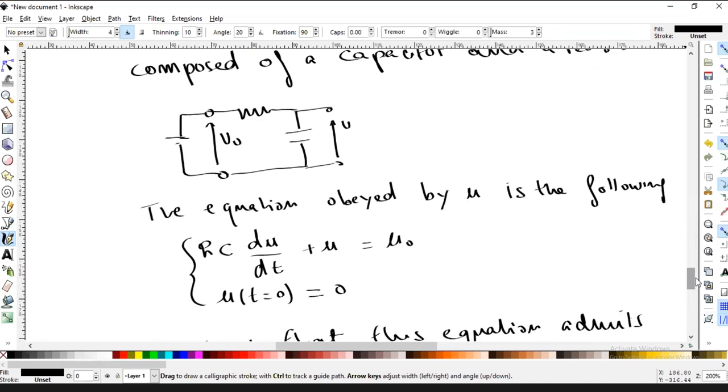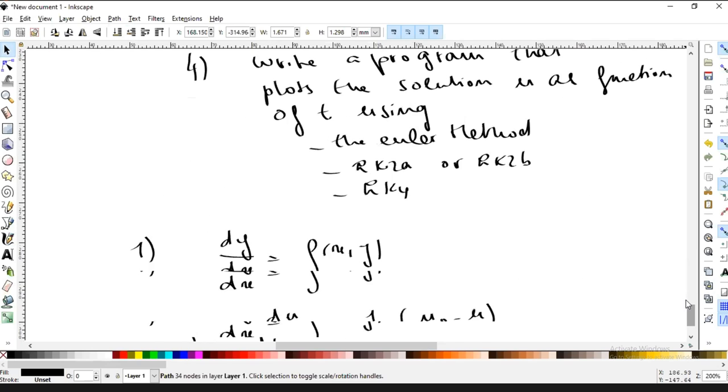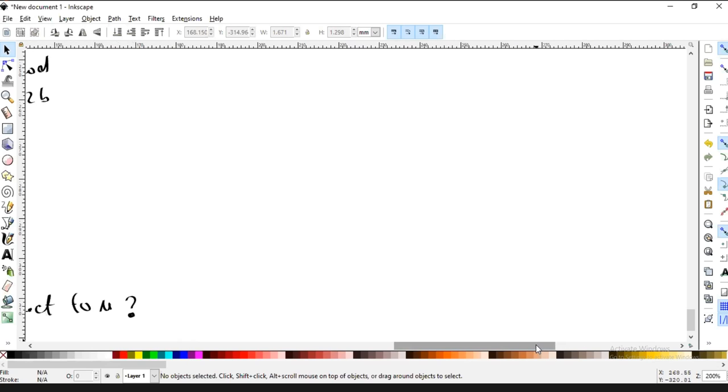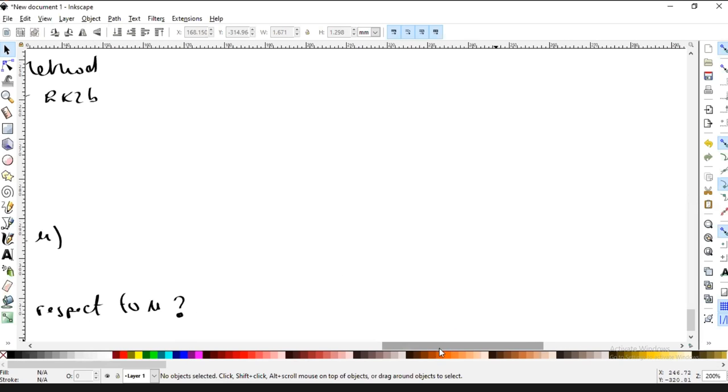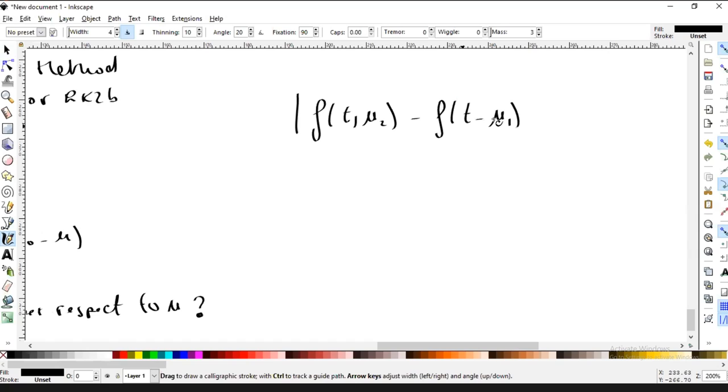Basically, f of t, u2 minus f of t, u1, where u1 and u2 are two given values, must be inferior or equal to some quantity times u2 minus u1.